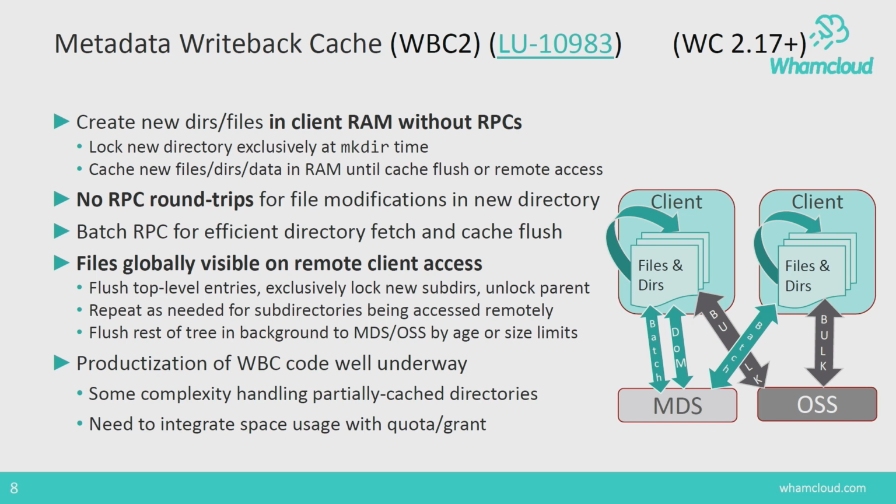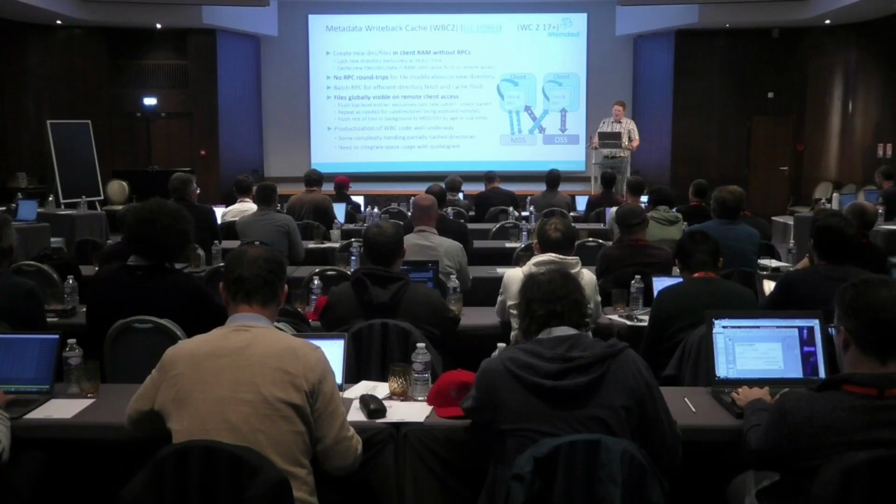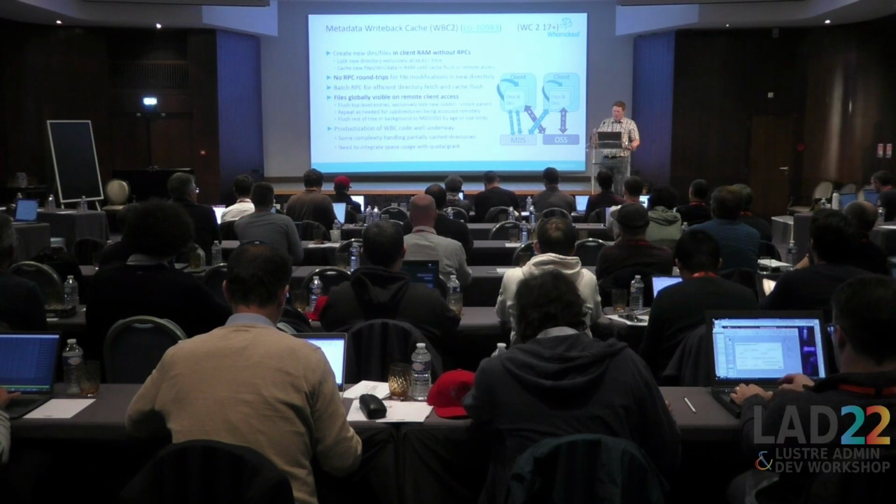But there are going to be commands, LFS WBC, pin and unpin and flush and all of these different things to manage the cache state. But it's intended that it can be done transparently, but there are interfaces if you know better how it's going to work, right? And so initially, it's mostly going to work only for new directories, right?